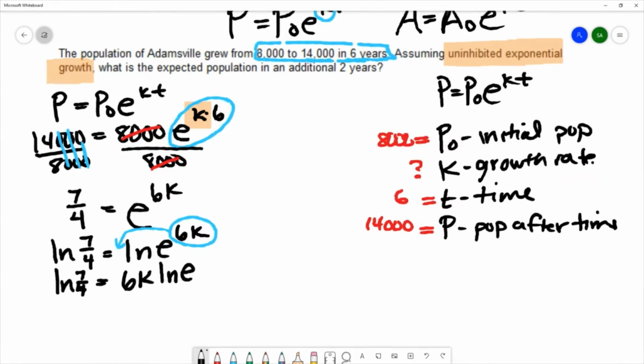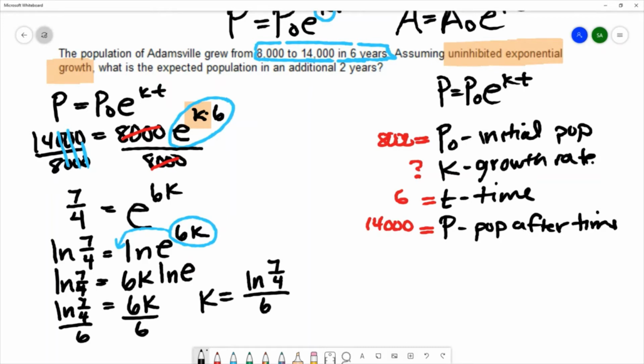Natural log of e is equal to 1. So 1 times 6k is 6k. And then we can divide both sides by 6 to get our value of k. So we have that k equals natural log of 7/4 over 6.